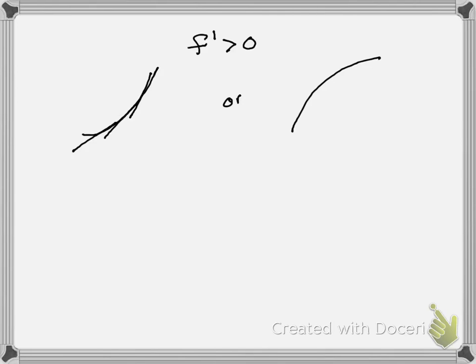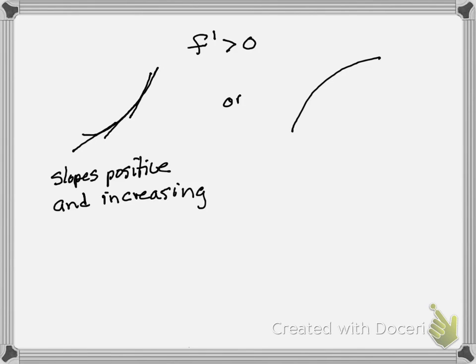We see that the slopes are positive and getting more positive. That is, the slopes are positive and increasing. If the slopes are positive and increasing, the increasing part tells us that the derivative of the slopes is positive. So f double prime is positive.